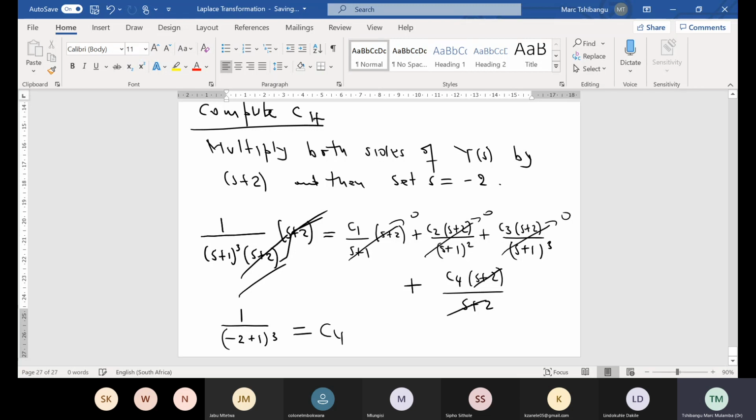This means C4 is equal to (-2 plus 1), which is -1, to the power of 3. That's -1. So C4 is equal to -1. So we have determined C4. We need to find C3, C2, and C1.